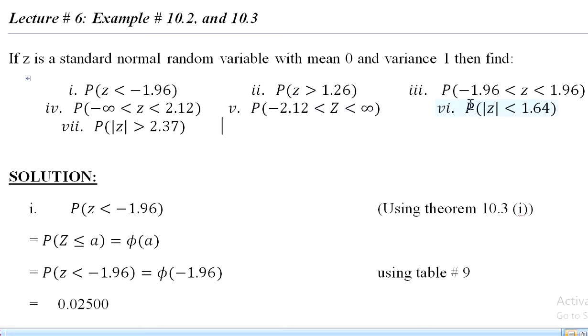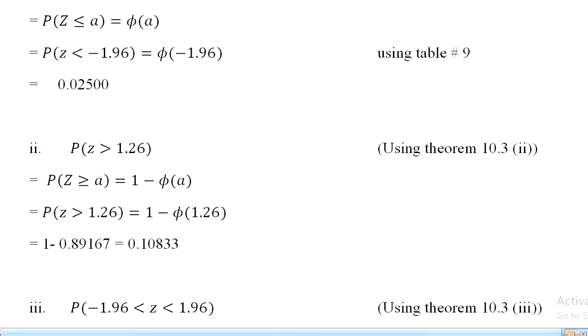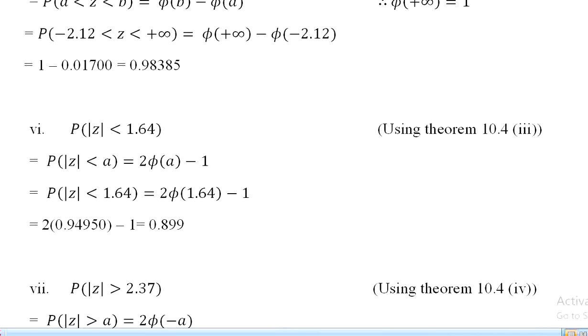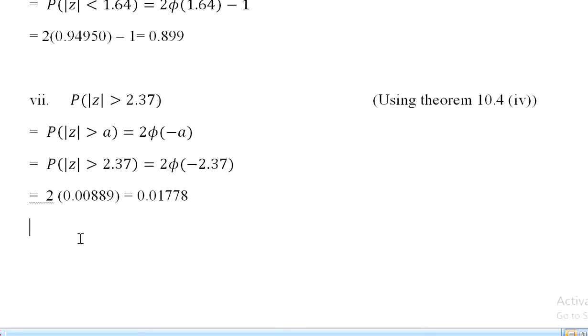And further we discussed the modulus form in less than form and greater than form. I have already mentioned the theorems, theorem number 10.3 and theorem number 10.4. They are available in your textbook. You can review them, or see my previous lectures to make it clear, and you can easily find the probability of standard normal by using these theorems.